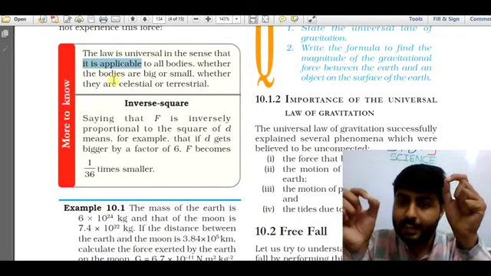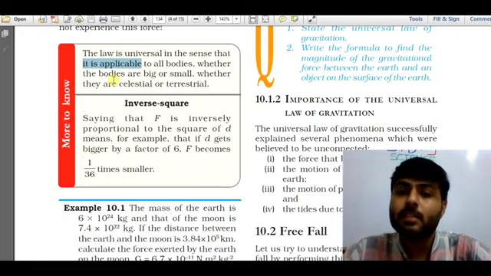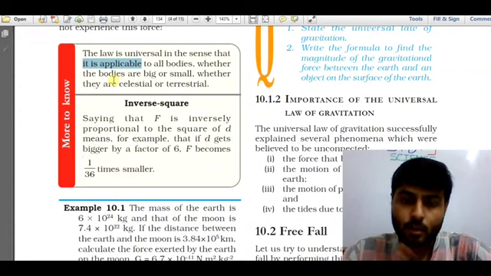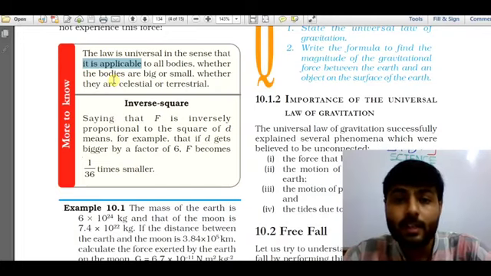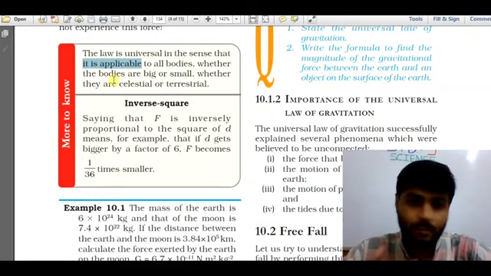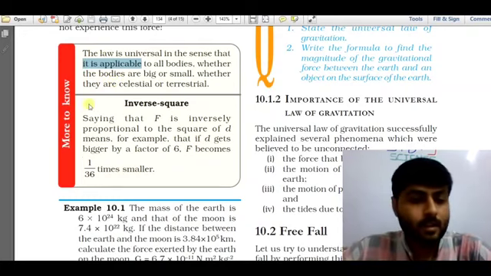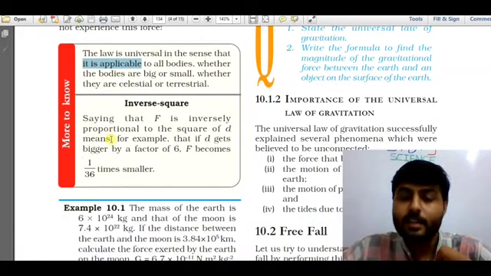If one increases, the other will decrease. That we call inverse proportion. So here gravitational force is inversely proportional to the square of the distance between these two objects. So what is the meaning? Let's see. F is inversely proportional to square of d.